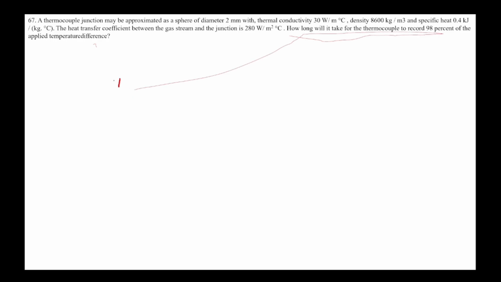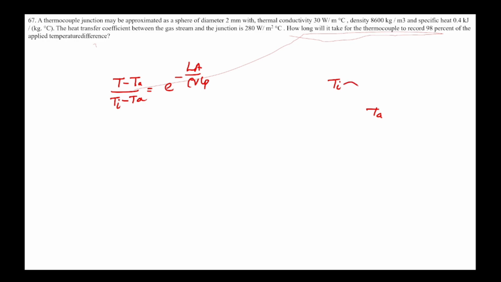Straightforward question. (T minus Ta) upon (Ti minus Ta) is equal to e to the power minus hA upon rho V Cp. See, initial temperature will be Ti and the atmospheric temperature Ta.